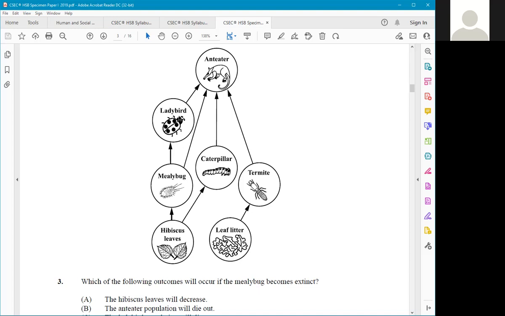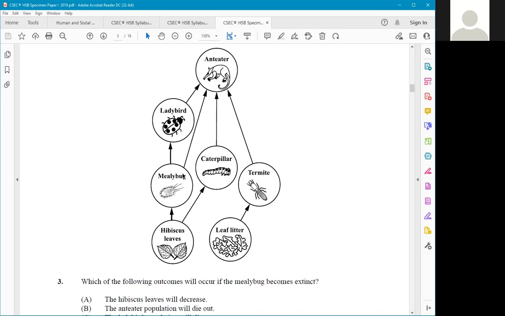And also, the ladybird no longer has a mealybug to feed on, and the mealybug no longer feeds on the hibiscus leaves. The mealybug is no longer eaten by the anteater. A number of things can happen there.